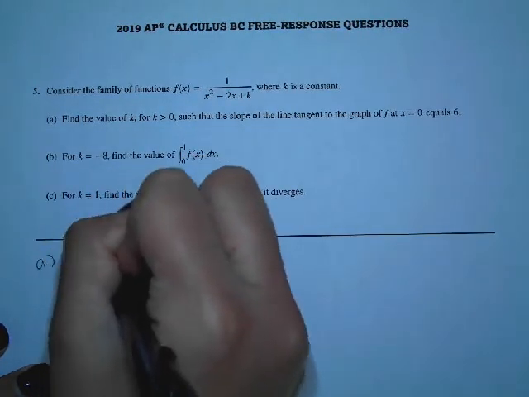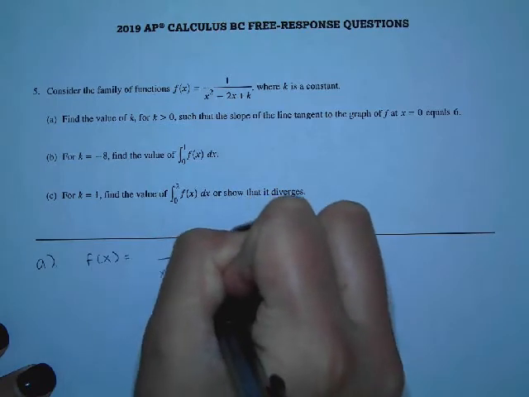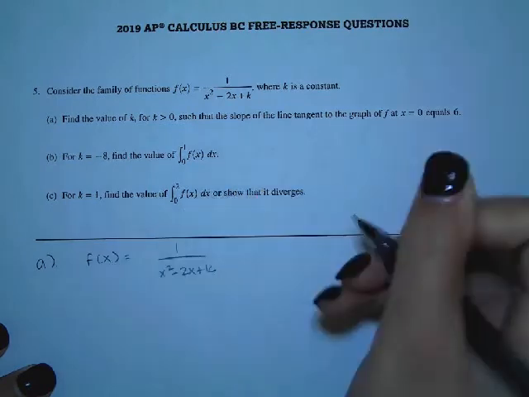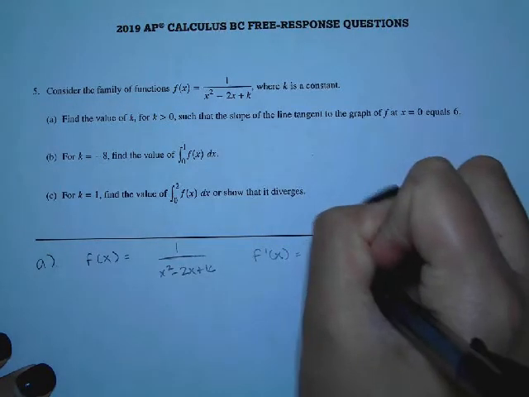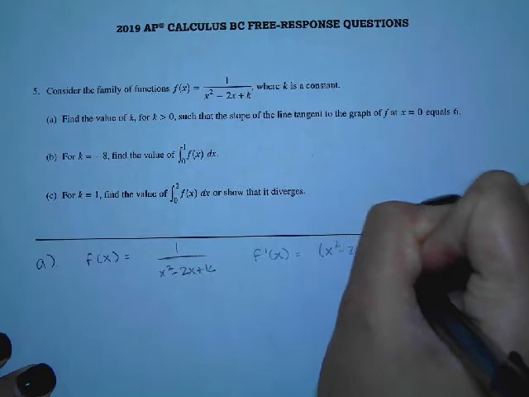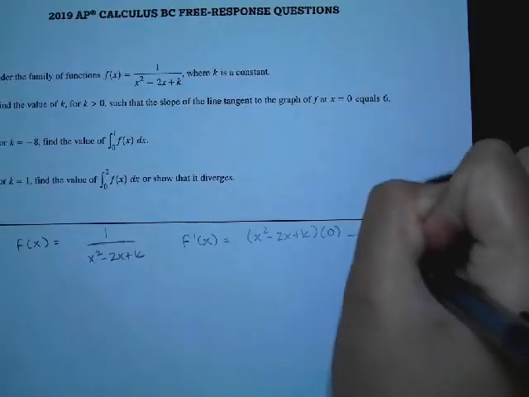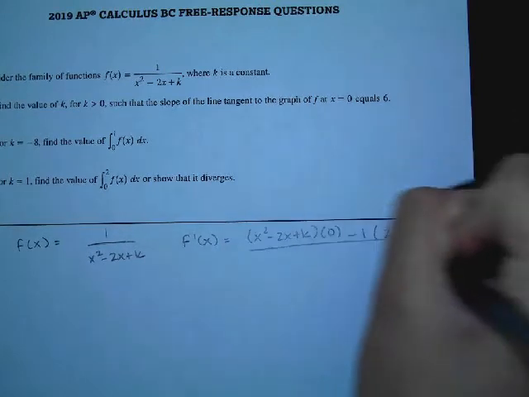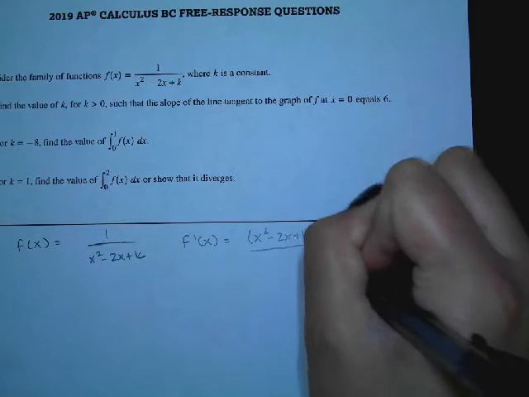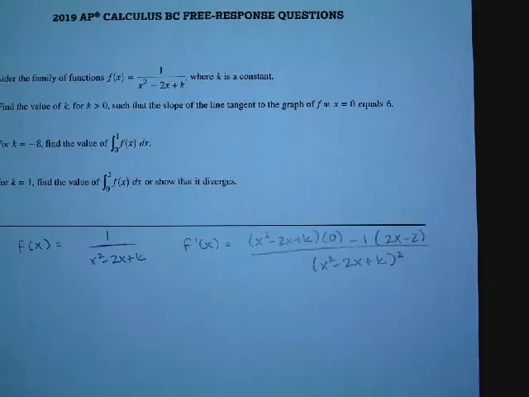So f of x, the derivative, we've got low d high minus high d low, divided by low squared.